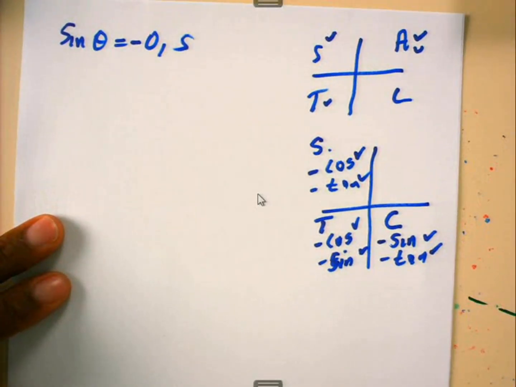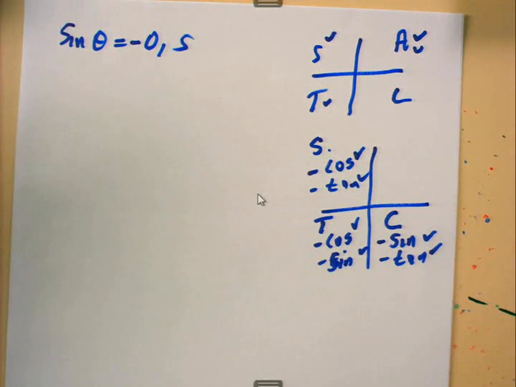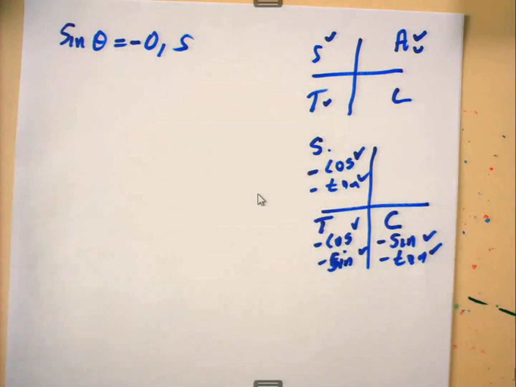Boys and girls, when you solve trig equations, it's very important to check the restriction, if the interval is not given. If you're working from 0 to 360, for sine, if the ratio is positive I'm expecting two answers, and if the ratio is negative I'm also expecting two answers.